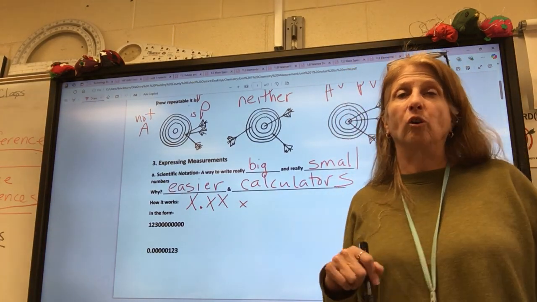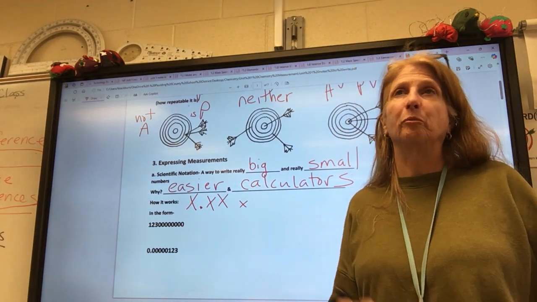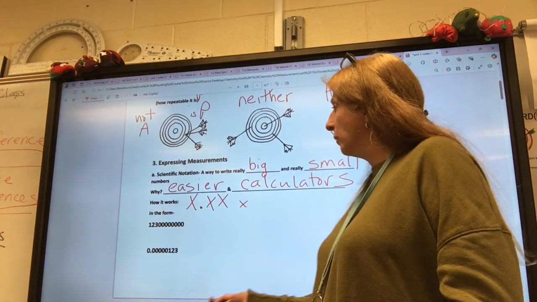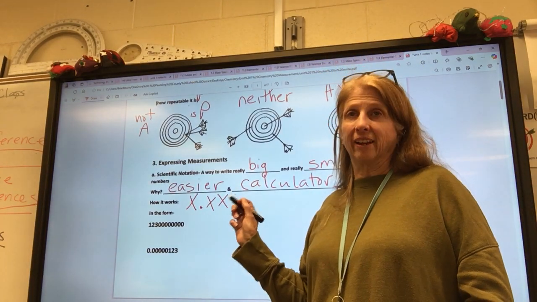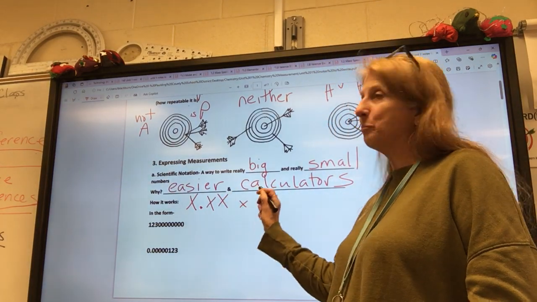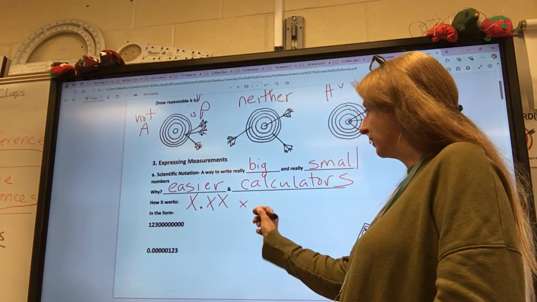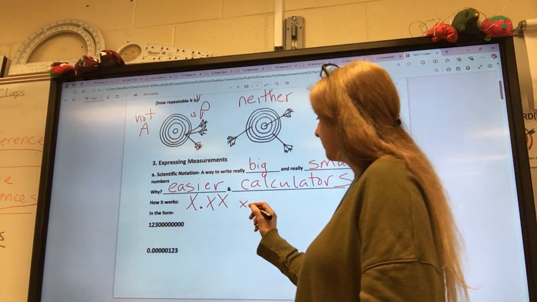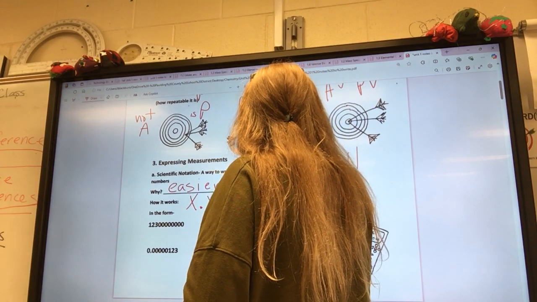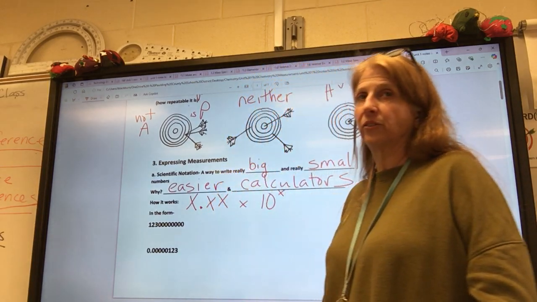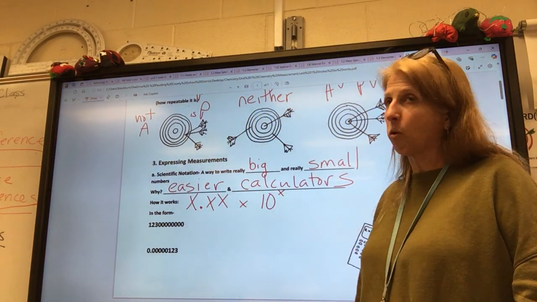We use a dot or a parentheses or a number sitting beside a letter in math. Well, we use an x here, okay? So for this, that means times. Then the number 10, and then some exponent. So that's the form of it.